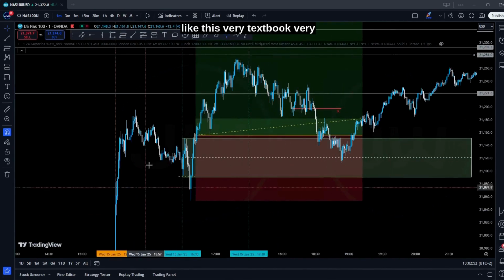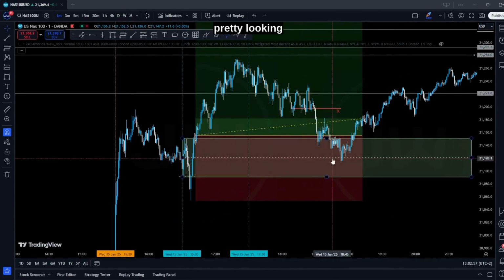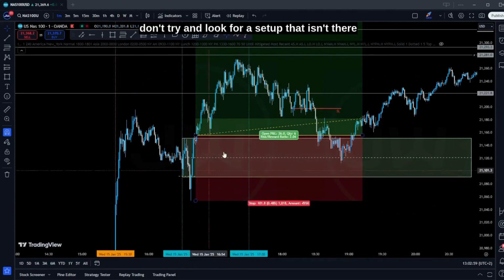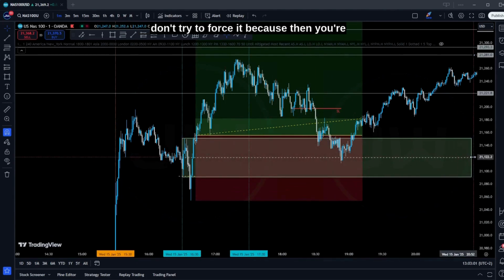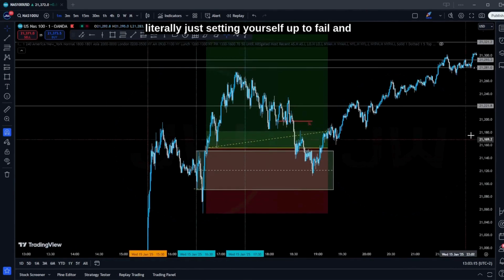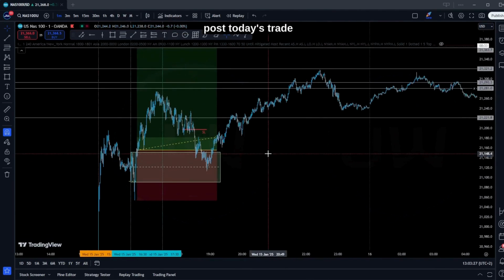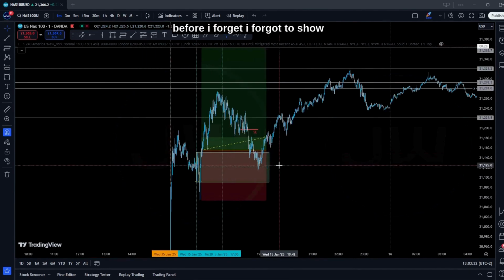And it must look like this. Very textbook, very pretty looking. Don't try and look for a setup that isn't there. Don't try to force it, because then you're literally just setting yourself up to fail. And so that's it, guys. Hopefully I can post today's trade maybe tomorrow.